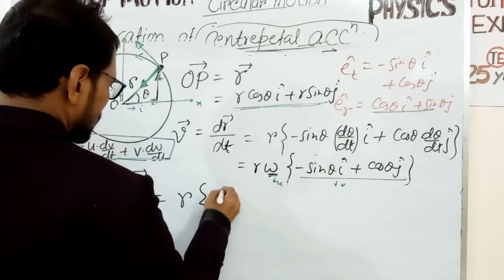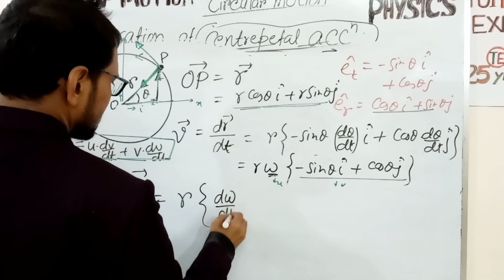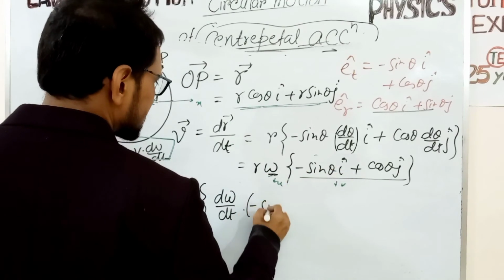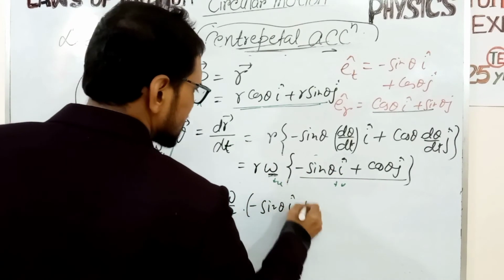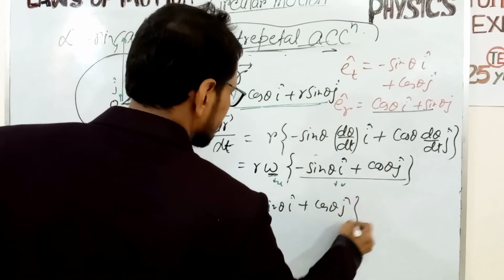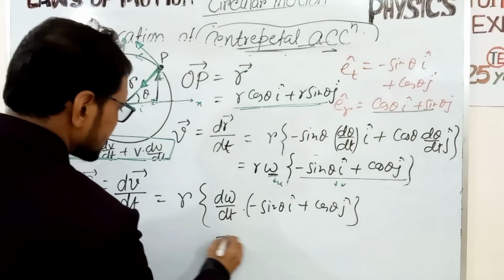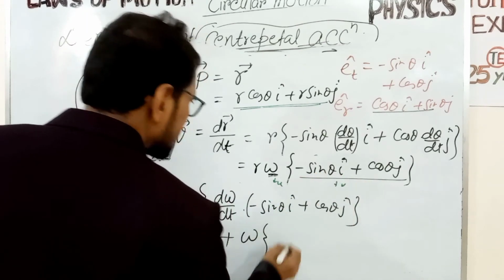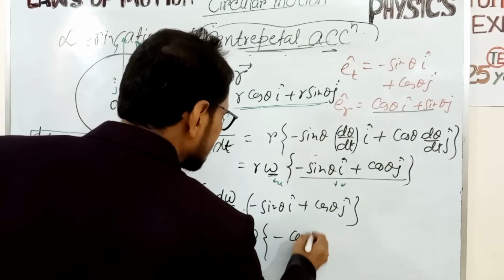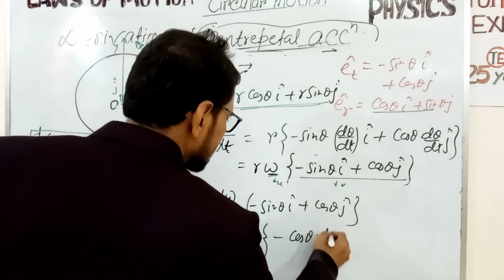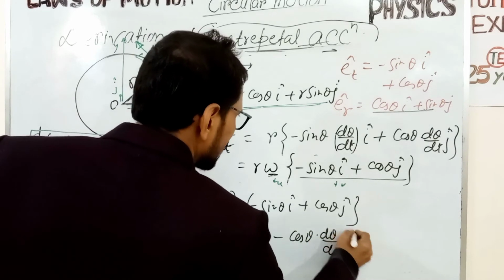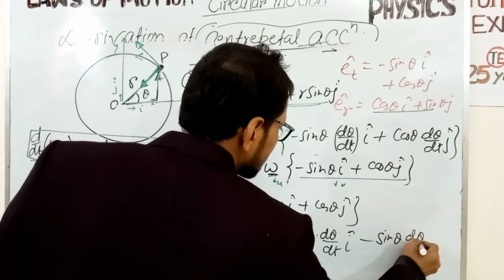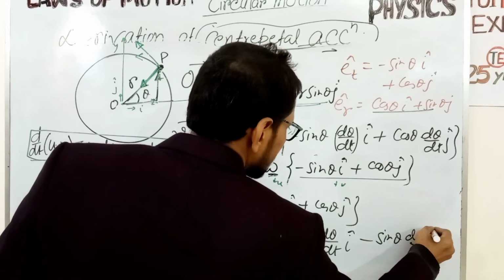First, d omega by dt times minus sin theta i plus cos theta j, plus, when omega is constant, the derivative of this: minus cos theta into d theta by dt i plus the derivative of cos theta, minus sin theta, into d theta by dt j.